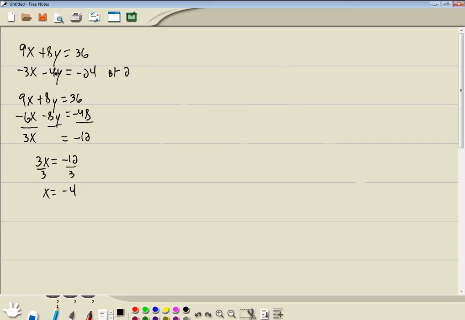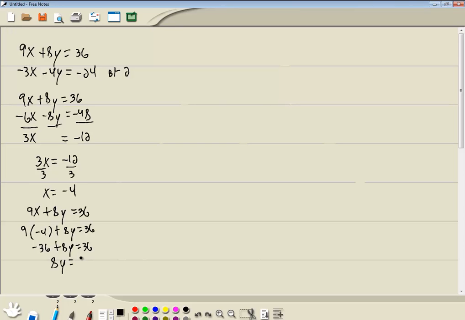Now we want to plug that back into one of our equations and solve for y. Doesn't matter which one. I'll pick the first one. We got 9x plus 8y is equal to 36. And we just said that x is negative 4, so I got 9 times negative 4 plus 8y is equal to 36. 9 times negative 4 is negative 36, plus 8y is equal to 36.